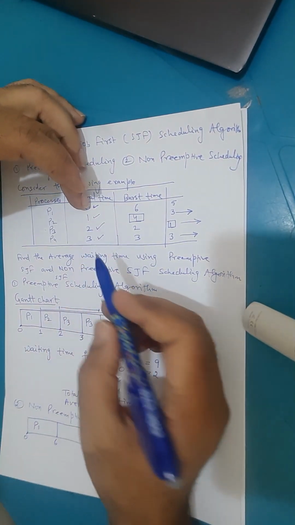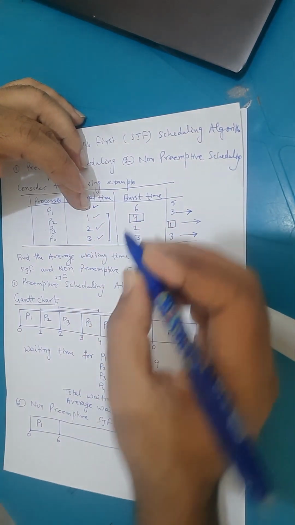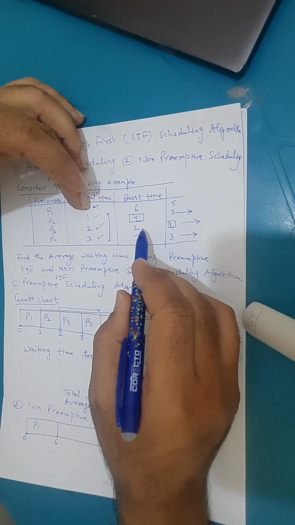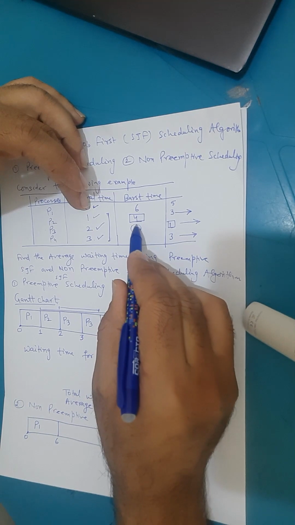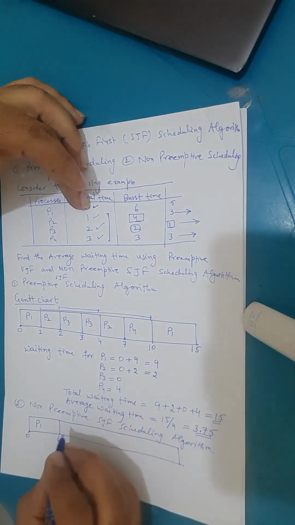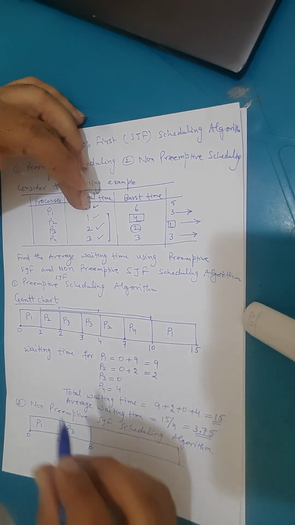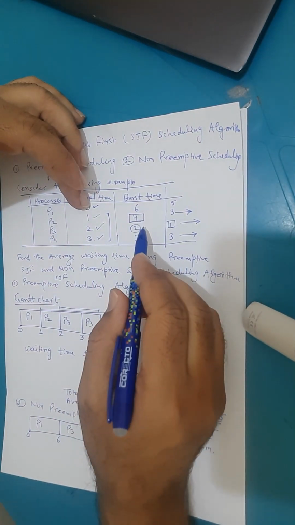Now there are 3 processes in the system, 2, 3 and 4, right? So which process has the smallest burst time? P3 has the smallest burst time. So P3 will execute now. So P3 will execute up to 8. Right? Now another process will execute.